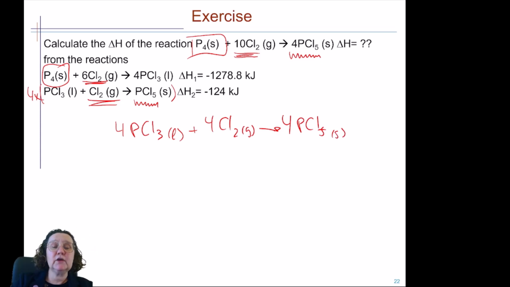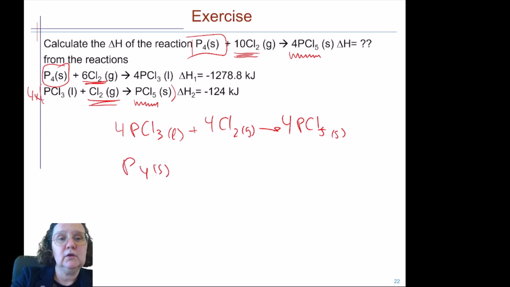And I have the equation on the top that I didn't have to do anything to, because it already had the right quantity of phosphorus that I needed. So I just write it as it is. I haven't done anything to that equation. 6Cl2, also in gas form, and I form phosphorus trichloride.